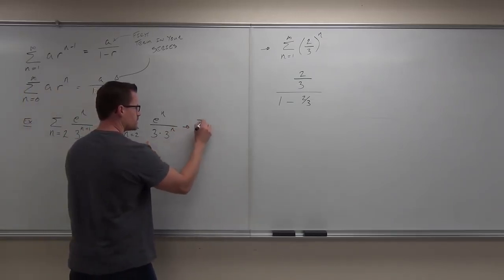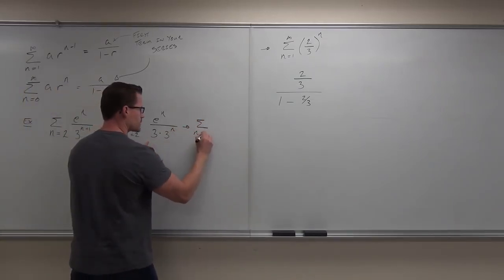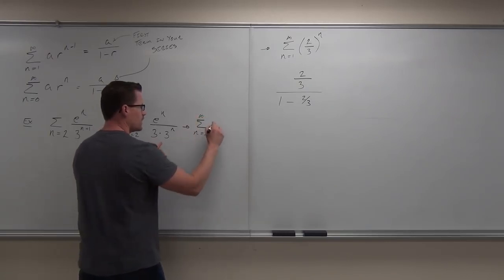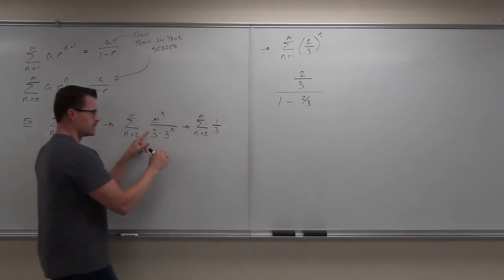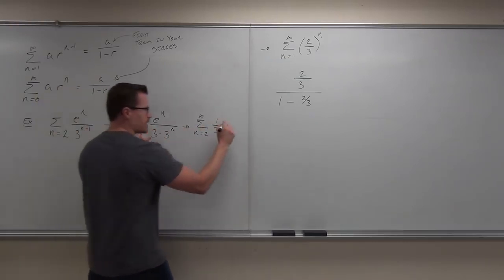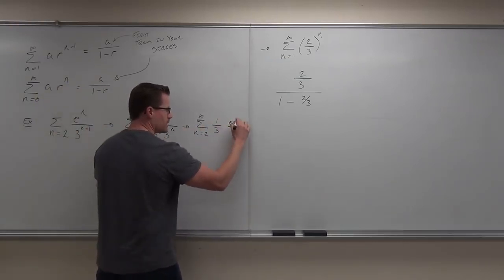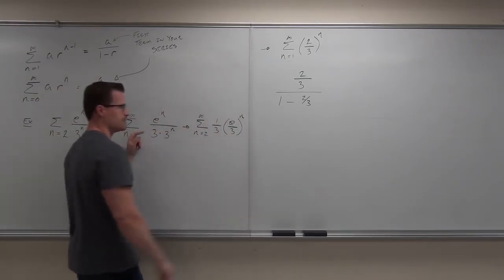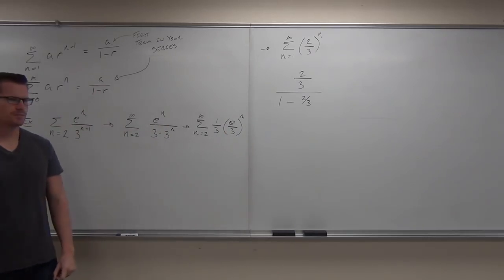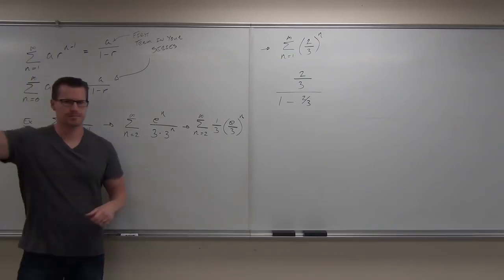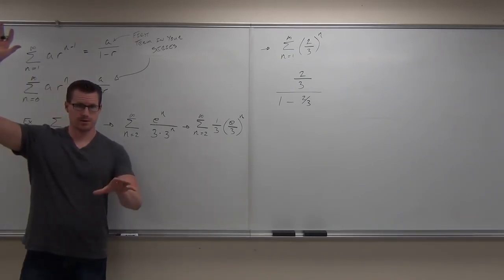I'm going to get the sum from n equals 2 to infinity of 1/3. Notice my 1/3, and then I'll have e over 3 to the n. I need a big show of hands if you understand the algebra of this thing. In the middle, we okay?